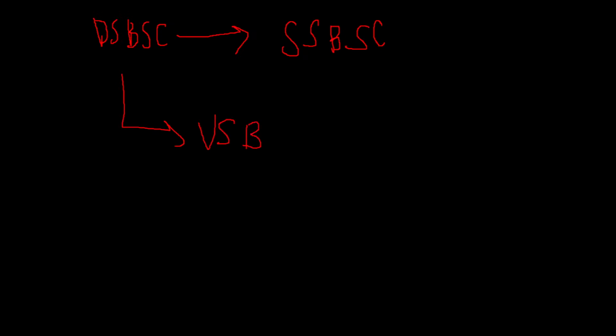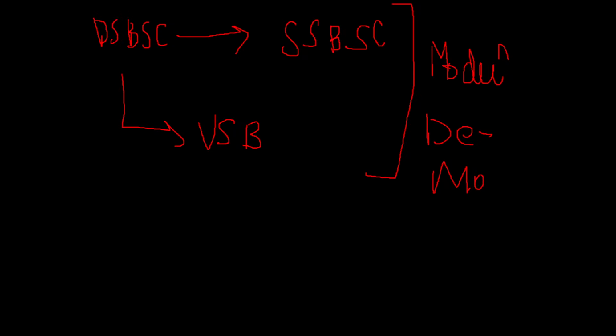We have seen the modulation of all three, and also the demodulation of all three. In this manner we have seen the different types of AM: DSB-SC, SSB-SC and VSB.